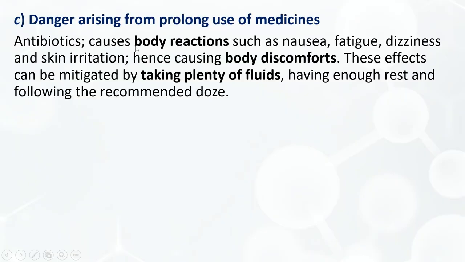Those are the side effects. So we are saying that antibiotics can cause body reactions. Are you seeing that this is the danger? That is the danger. Can cause body reactions such as nausea, fatigue, dizziness, and skin irritation, hence causing body discomforts.